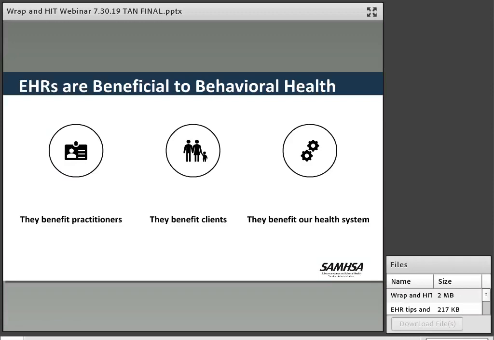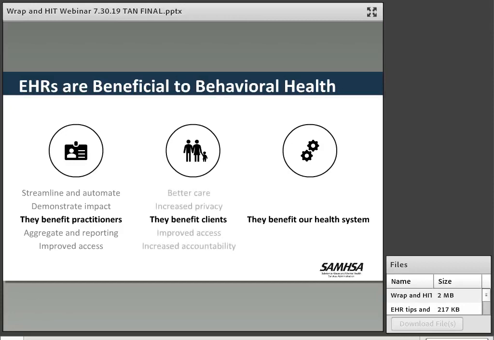Tell us about the current status of your wraparound provider organization, wraparound initiative, or system of care in terms of electronic health records. How would you describe the current status of your organization or wraparound initiative that may span multiple organizations, as is increasingly the case? Do you have an EHR, but it does not meet your needs?